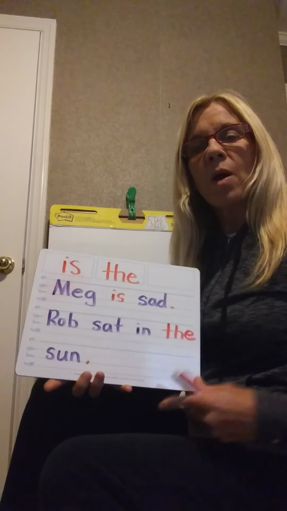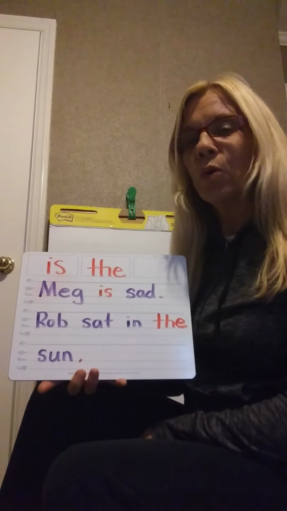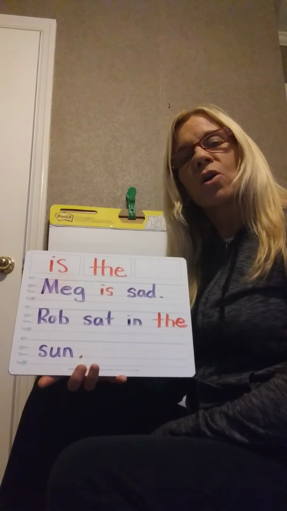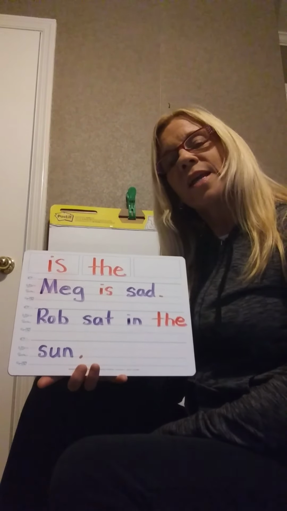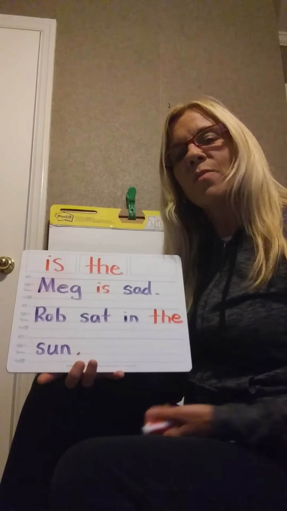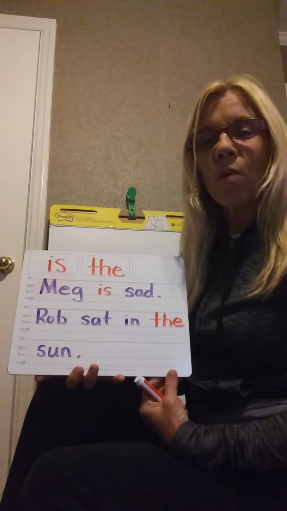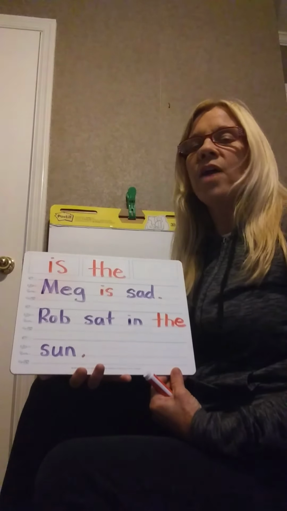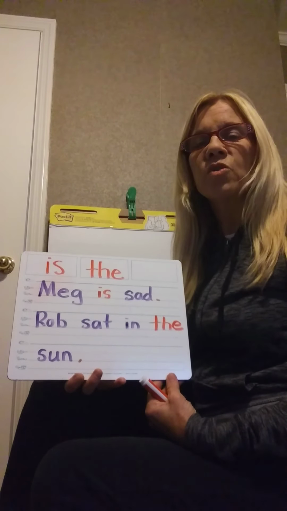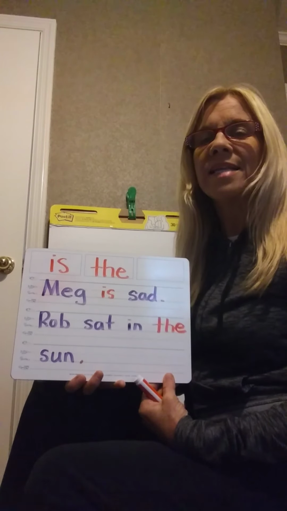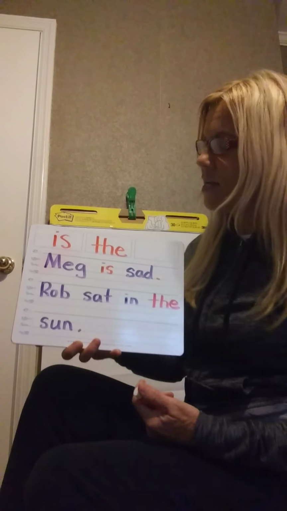We had to apply skills in order to read. So we're going to be using words that are trick words that we cannot sound out, and we're going to be using words that we can sound out. Okay? So when we write these sentences today, I need your help identifying the trick words, and I need your help tapping and sounding out words. Okay? All right, so here we go.